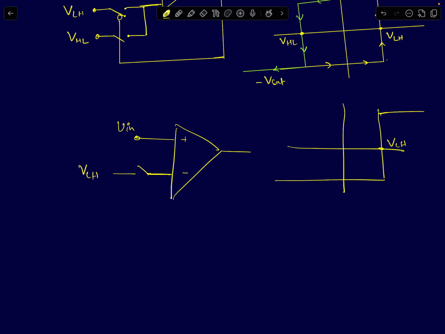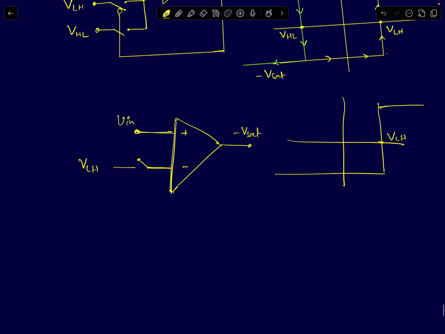Okay, so as you keep increasing your input, your output right now is minus Vsat. Okay, it's negative, right? Because your input has not exceeded, I'm assuming the input is starting from a huge negative voltage, so I can assume output is also at minus Vsat. When the output is minus Vsat, you want the threshold voltage of the comparator to be VLH.